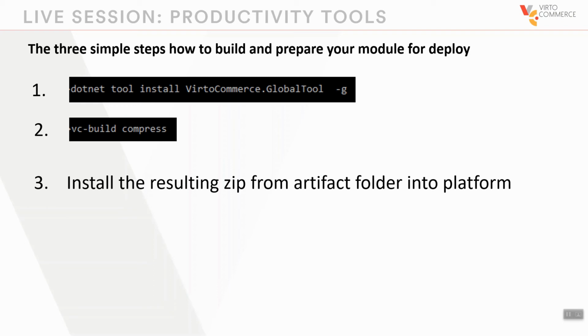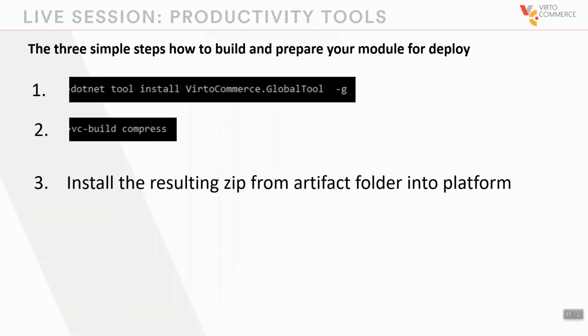At the end of my brief introduction to this tool, I would like to show how to build a Virto Commerce module into a zip file for future distribution and installation in a running platform instance. This can be done in 3 small steps. The first step, install VCBuild using the dotnet tool install command. Second step, call VCBuild with the compress target and wait until the process is complete.